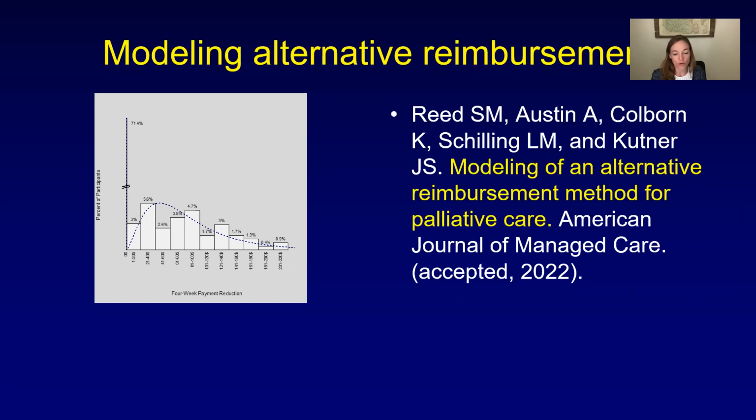And according to Sean Reed, my colleague who was the first author on this paper, this reimbursement model has been described as overly generous by the Department of Health and Human Services. So he developed a modified version, which he called the PASI-F, or flexible. And we actually worked with our colleague at the University of Colorado Denver downtown campus in the Department of Mathematics, Aaron Austin, to do some simulations of different reimbursement structures.